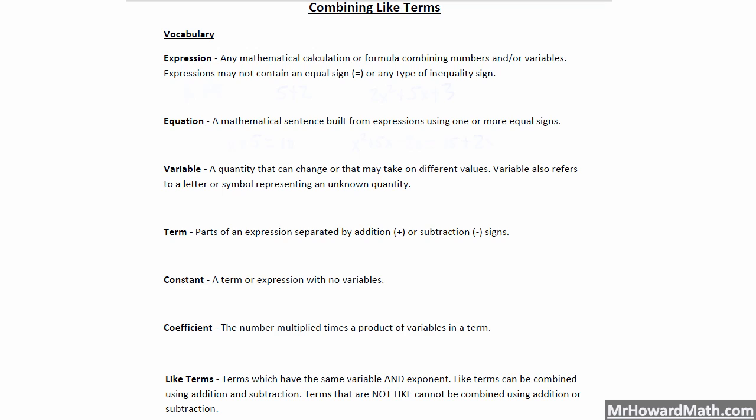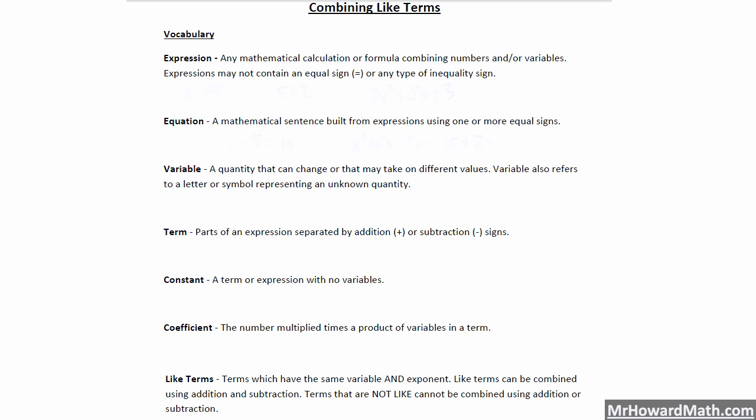Alright, so let's take a look at some vocabulary first, and then we will look at 6 different examples of combining like terms. So let's start out with the vocabulary here. The first vocabulary word is an expression, and we've seen that word before. It's defined as any mathematical calculation or formula combining numbers and or variables.